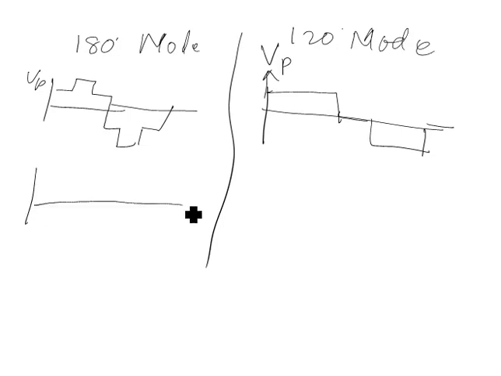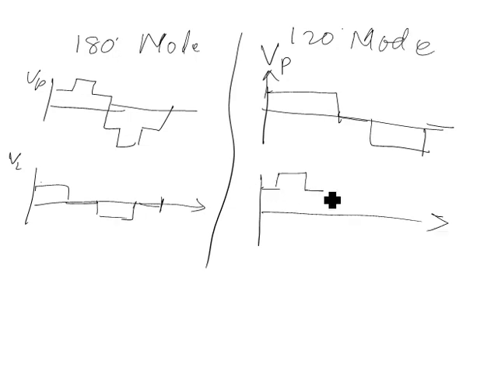For your 180 degree, line voltage is this shape. For your 120 degree, this line voltage is of this shape. You draw it, and you will get to know the advantage of this 120 degree.